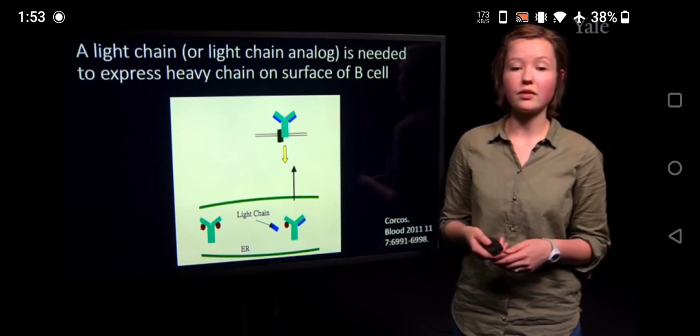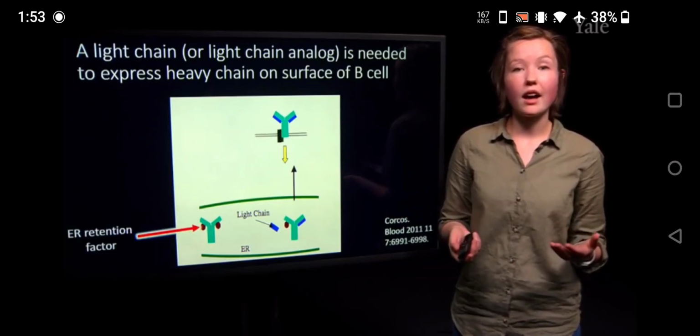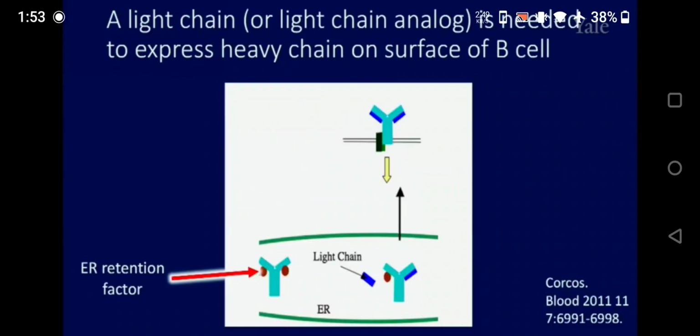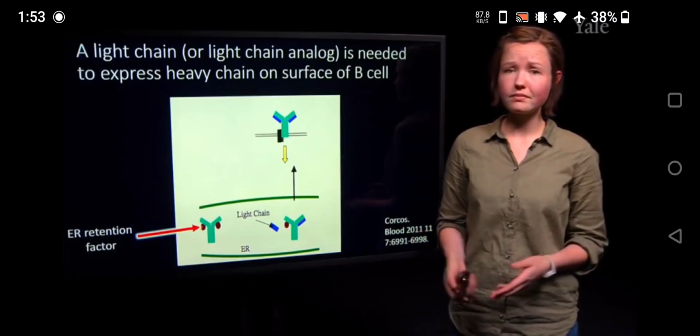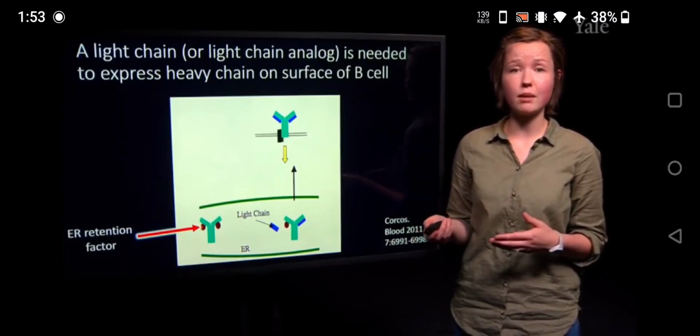And without that, we have other ER retention factors, or endoplasmic reticulum retention factors, that prevent the heavy chain from making it to the cell surface by itself. And this is really just a matter of stability, because the protein is unstable without being paired with a light chain.